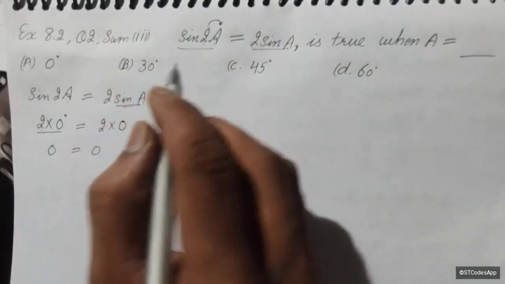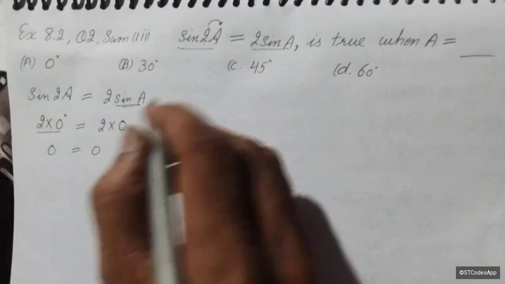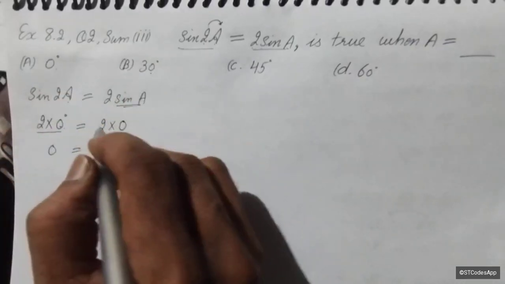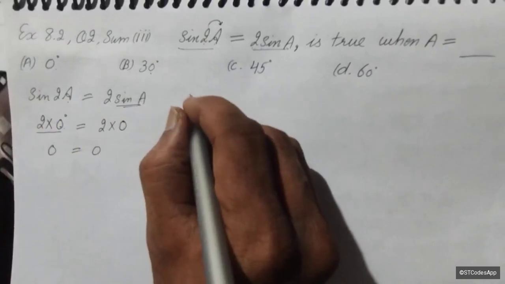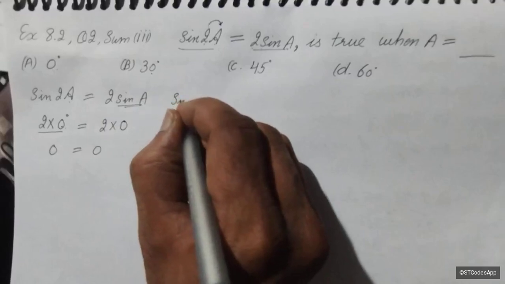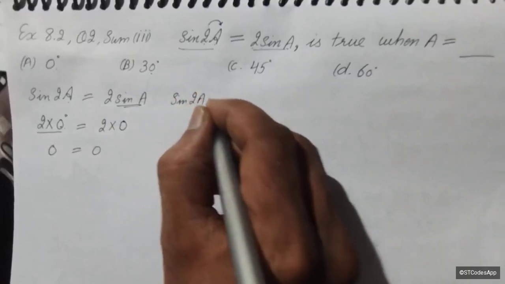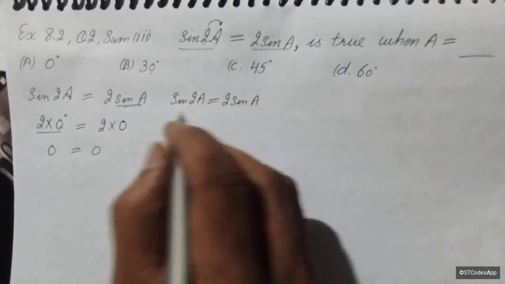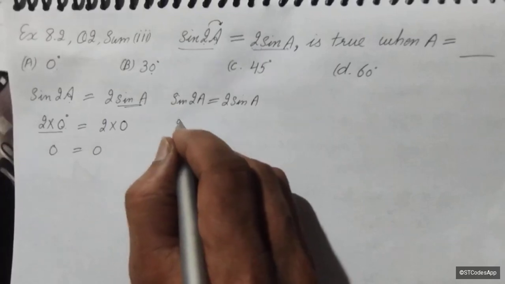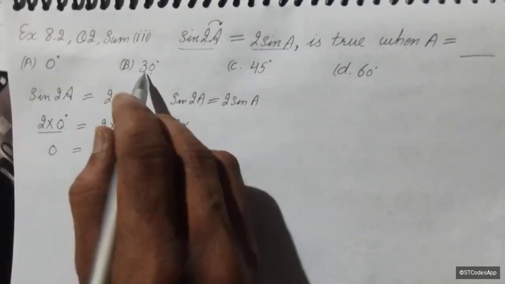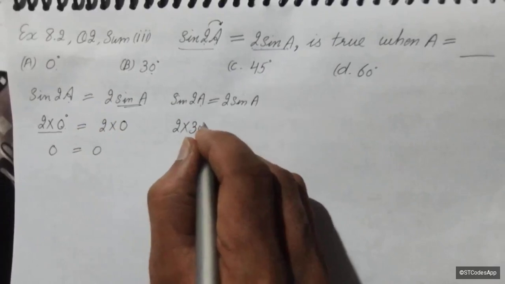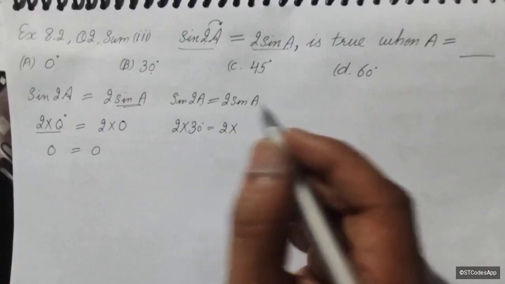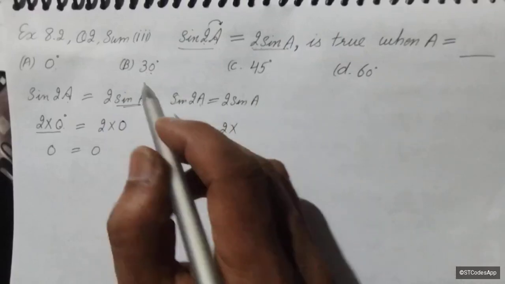Now we will check with 30 degree. We checked with 0 degree, now with 30 degree. Again we write sine 2a is equal to 2 sine a. So 2 multiplied by the angle 30 degree, is equal to 2 multiplied by the value of sine 30 degree.